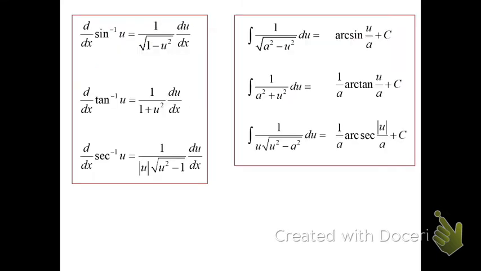Okay, so let me show you your integration formulas. And just like with derivatives, it's really the first two that you want to really know, and just understand that this third one exists. Okay, so first of all, notice that inverse sine or arc sine, same thing, still has a square root and a subtract. Okay?